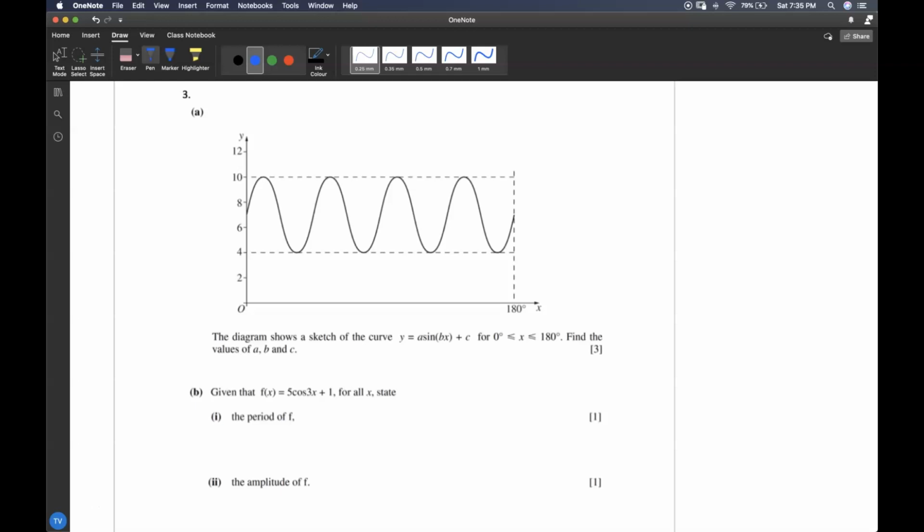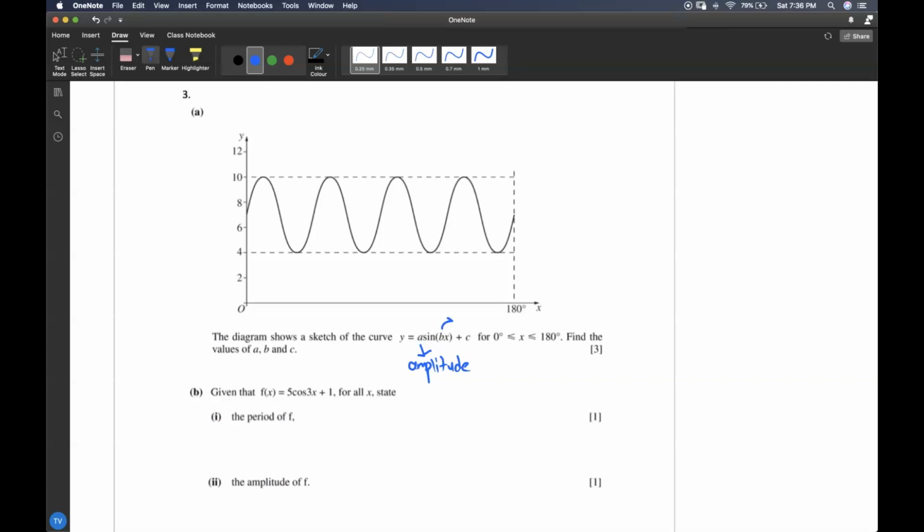Okay, so how do we do that? The first thing is that we need to be able to identify what these values actually mean. In all cases, y equals a sine bx represents a general formula for a trigonometric function. So in our case, a will always stand for amplitude.